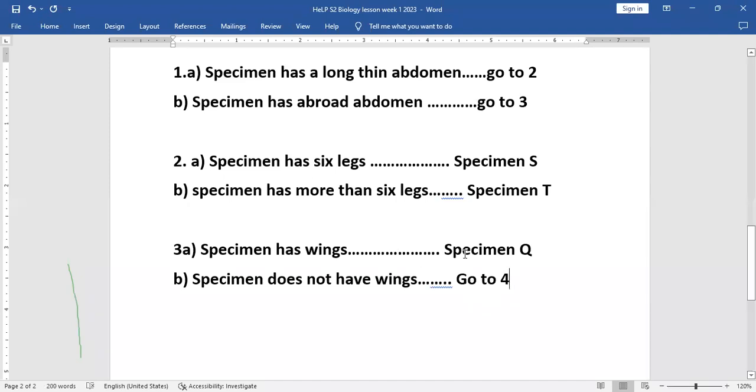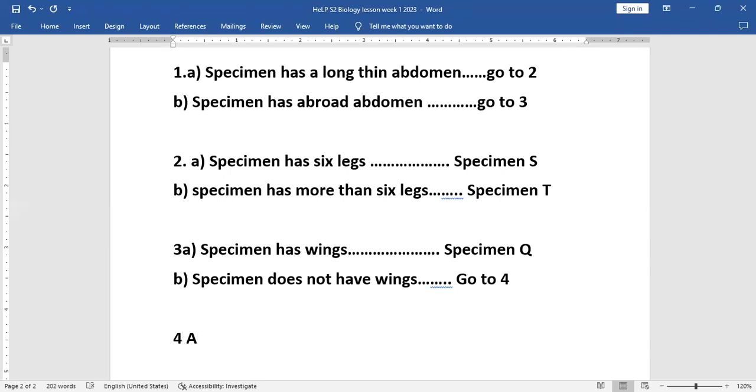Okay, and when we go to 4, we take there only the specimen which do not have wings, but which have a broad abdomen. I hope we are all understanding that. So you don't take everything.